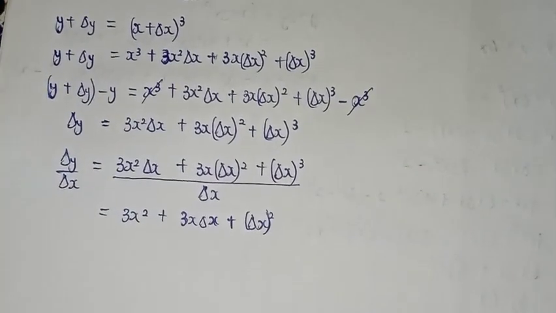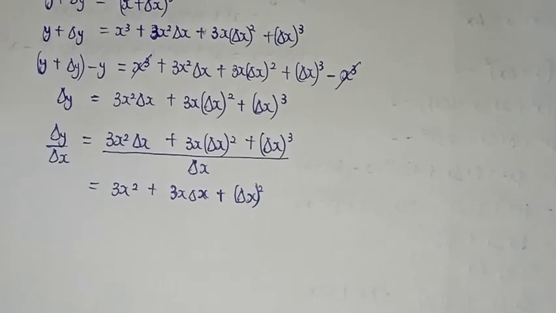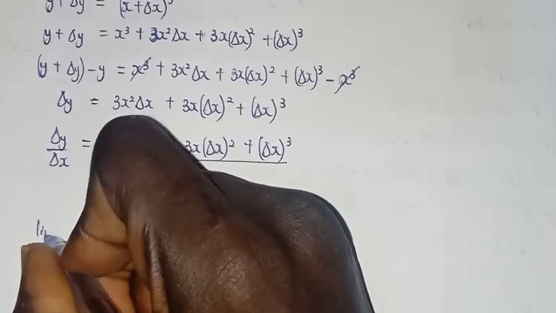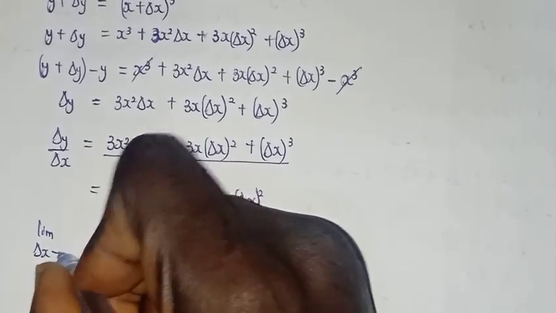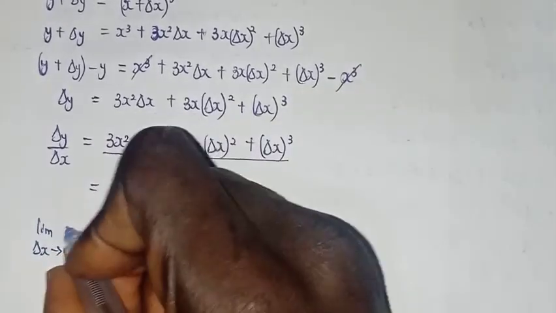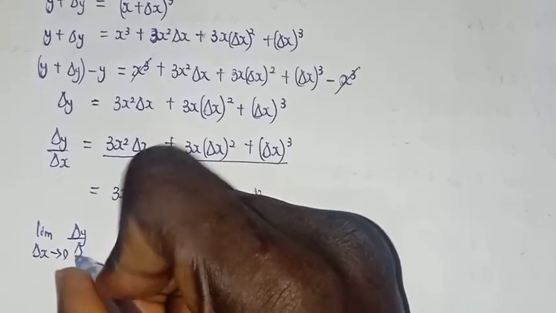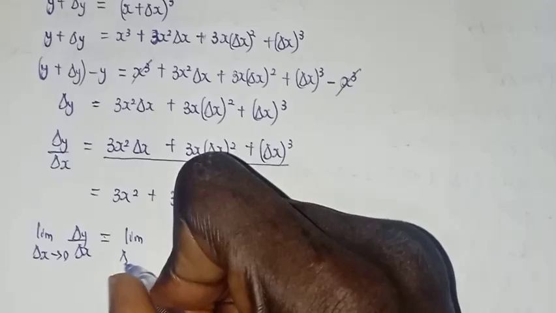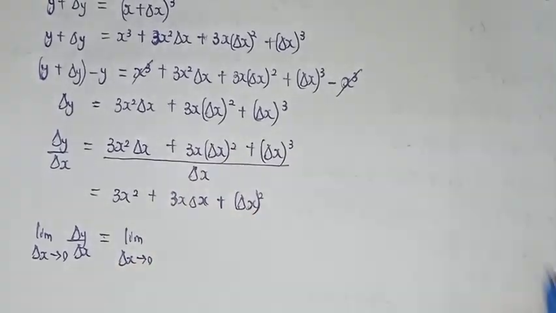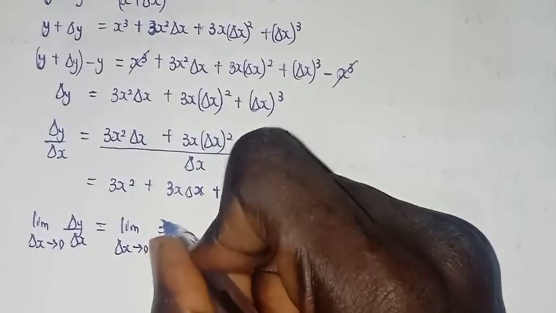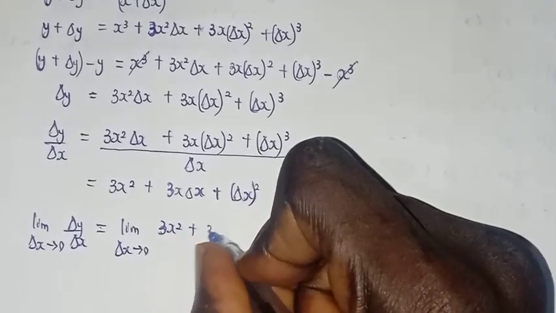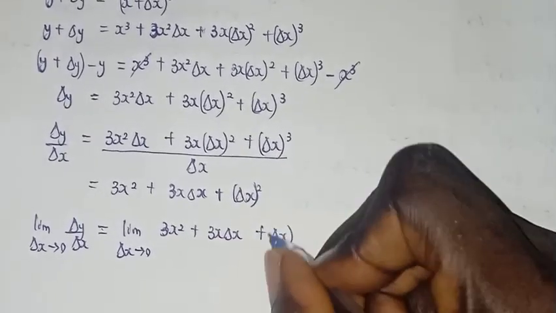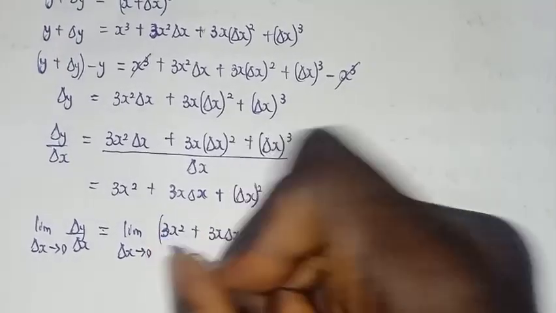And so we take the limit of both sides of the equation. So this becomes limit as delta x approaches 0, delta y over delta x will be equal to limit as delta x approaches 0, 3x squared plus 3x delta x plus delta x all squared, right?